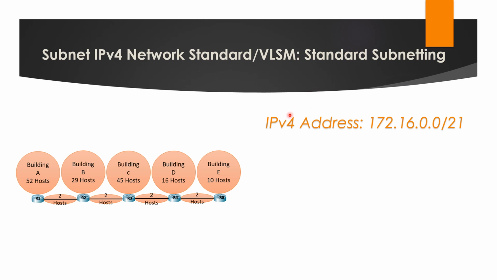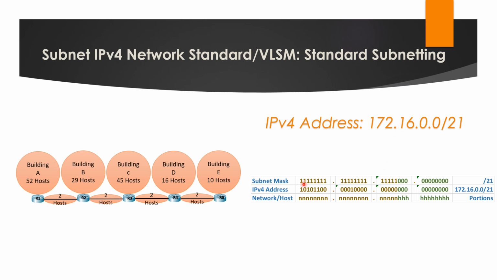If we convert the IPv4 address provided by the Internet Service Provider into binary format, we will be able to see the subnet mask. Recalling again that the subnet mask shows the network portion and the host portion, the bits that are 1 show the network portion, and the bits that are 0 show the host portion.